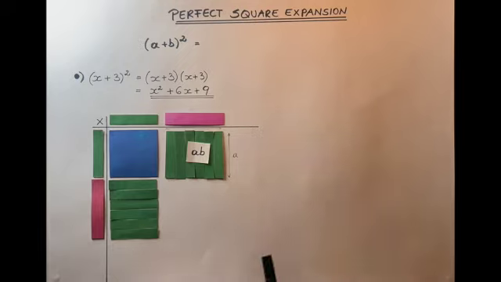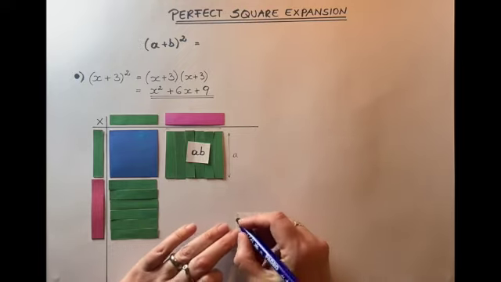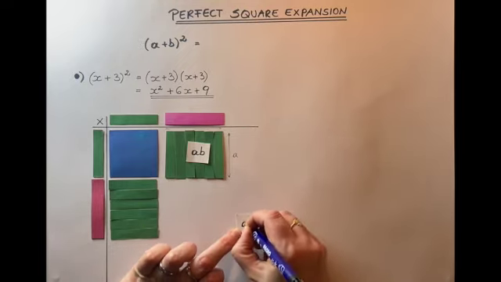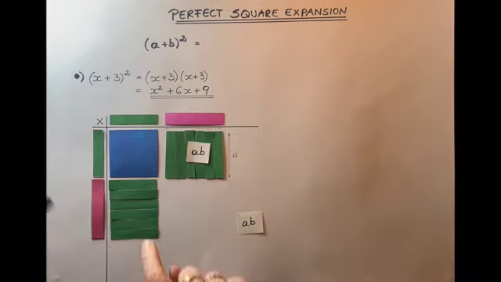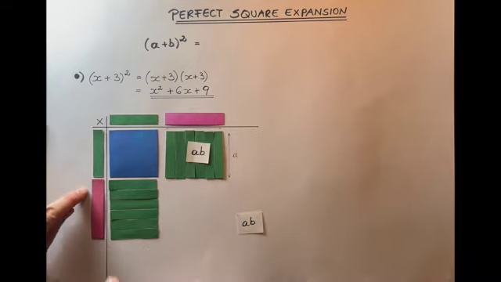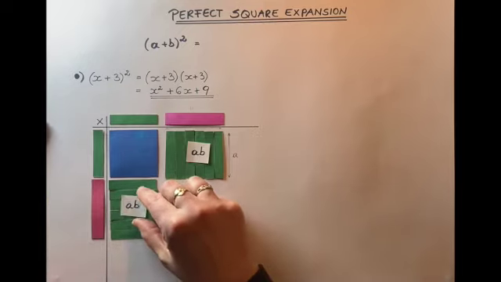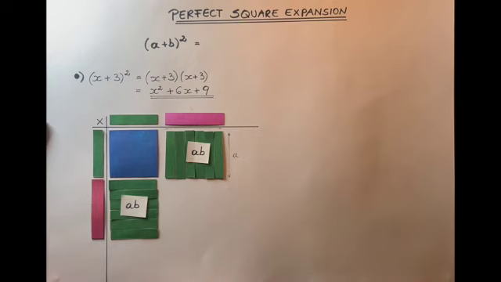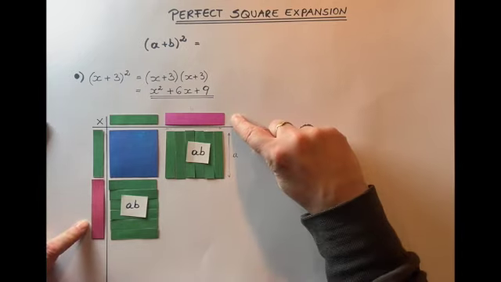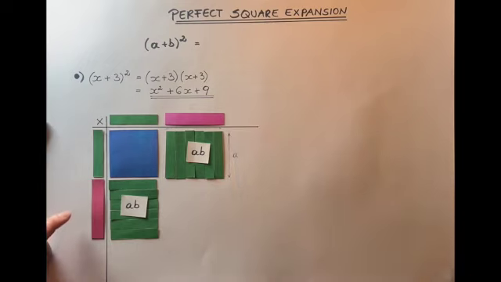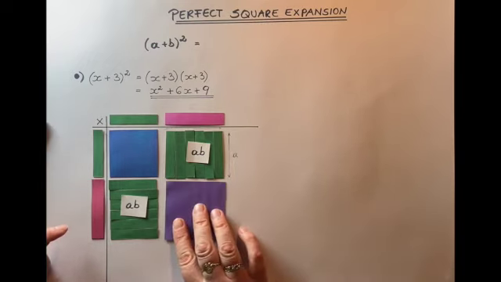So let's label this again. This is another ab. It's a rectangle with the length of b and the width of a, and if we calculate the area, that's a times b, giving us ab. And finally, we have our b times b, giving us b squared.